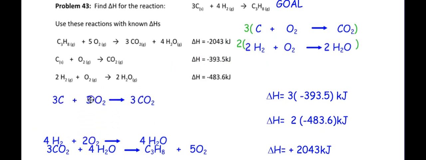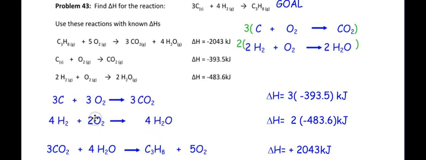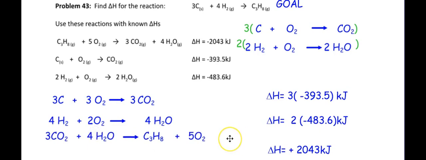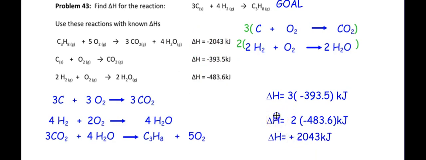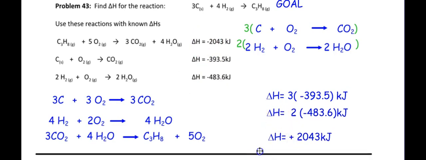So here's my first one, here's my second one, and now I need C3H8 as my product, and here is where it is. It's over on the other side, but hey, wait a minute, what did I have to do? I needed to reverse it, right? So I had to reverse this equation and make it a positive. So when I'm all done, here's my line.